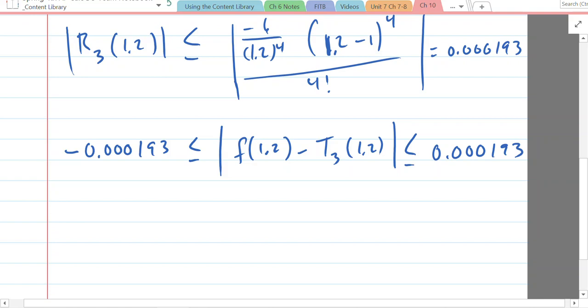And the Taylor polynomial gave 0.1827 for our approximation.